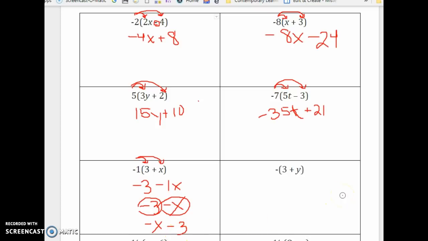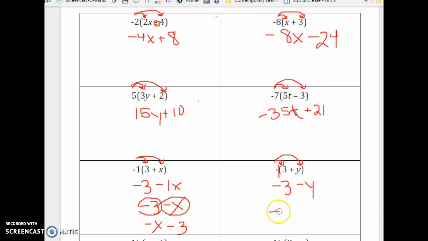Let's try this next one. Now this next one is tricky because there's no number outside the parentheses. I did this purposely. I want you to see that it's really like saying -1 outside the parentheses because I have -1 of all of this stuff. So I'm going to multiply this by -1 times 3 and then -1 times y. -1 times 3 is -3. -1 times y is -y.